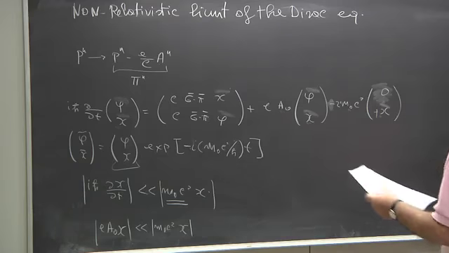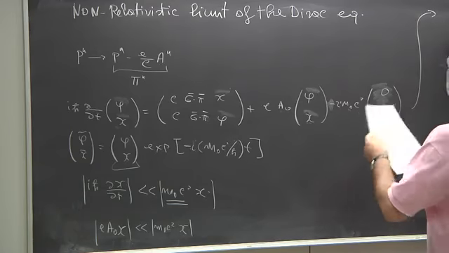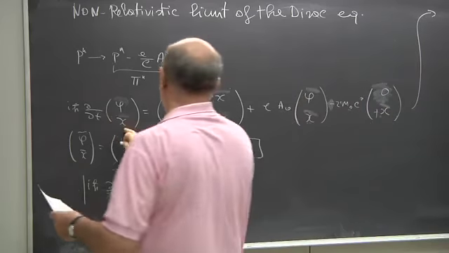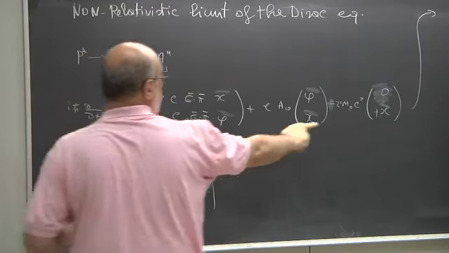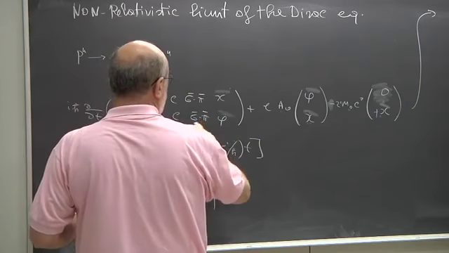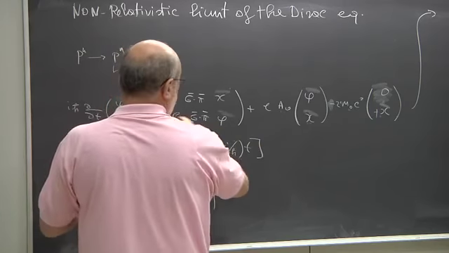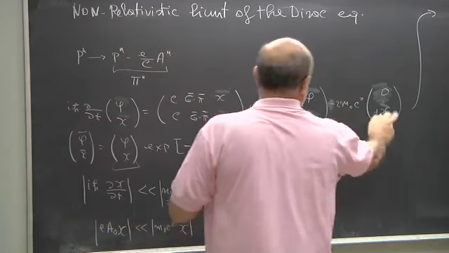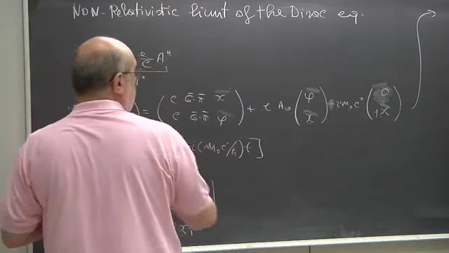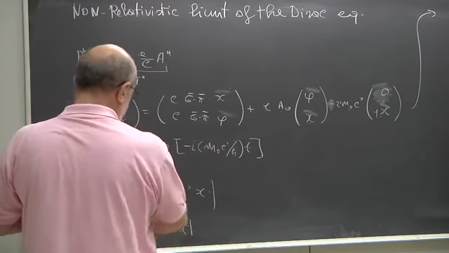And so in the lower component, if we neglect that, we will get only these two pieces. So we neglect this because it's much smaller than the mass, and we are left only with this part and this part. We neglect the potential energy and the kinetic energy of the lower component.